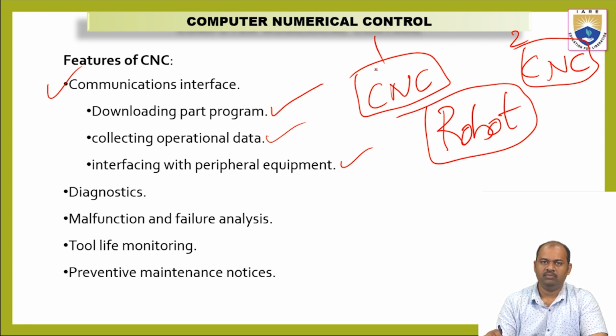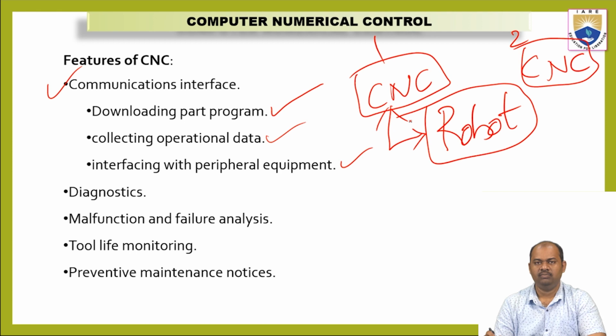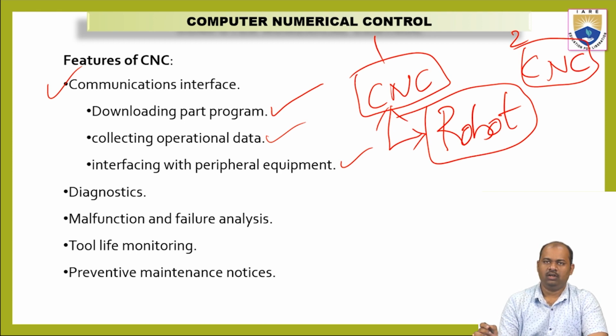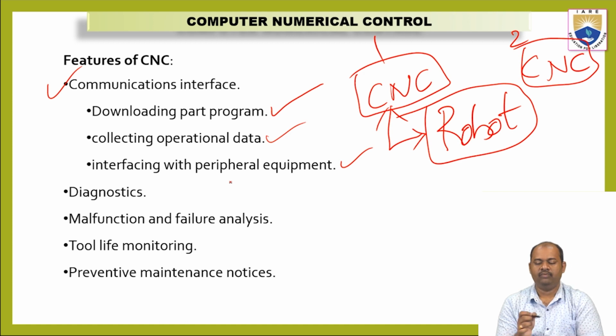That is what CNC machine 1 will indicate to the robot. So the indication between CNC 1 and the robot is what we call a peripheral equipment connection. The robot is a peripheral equipment when compared to CNC. The CNC will tell the robot to take the object away, and the robot will take that signal and operate accordingly.